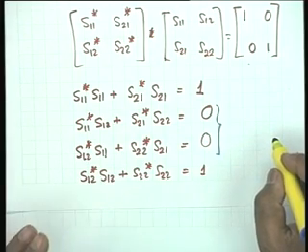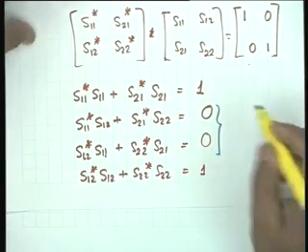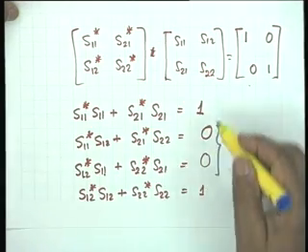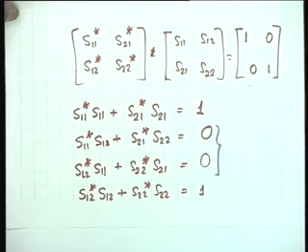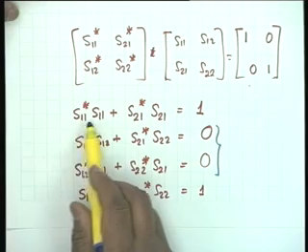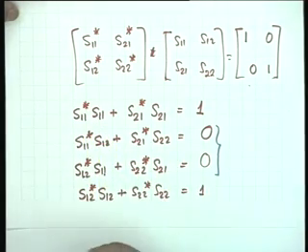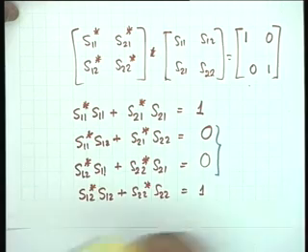Alright, is that clear? We have three equations, and if you look at the first and the fourth that we have written here, you notice that the left hand sides are real quantities, isn't that right? S11 star multiplied by S11 is simply the magnitude of S11 squared.